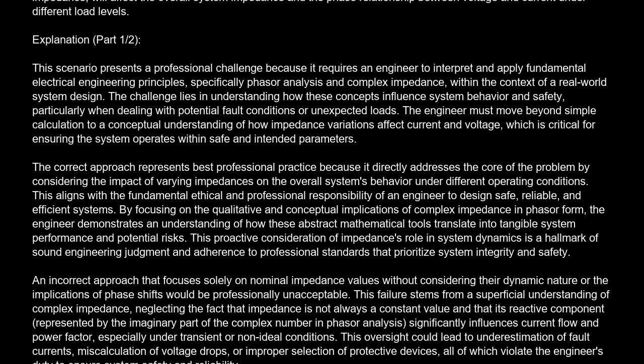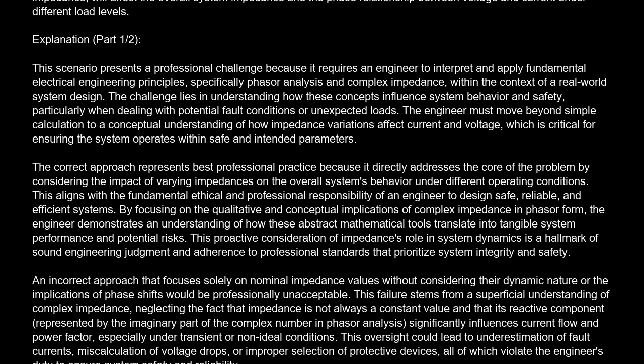An incorrect approach that focuses solely on nominal impedance values without considering their dynamic nature or the implications of phase shifts would be professionally unacceptable. This failure stems from a superficial understanding of complex impedance, neglecting the fact that impedance is not always a constant value and that its reactive component, represented by the imaginary part of the complex number in phasor analysis, significantly influences current flow and power factor, especially under transient or non-ideal conditions.